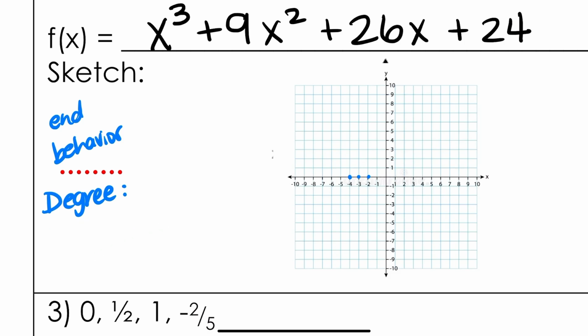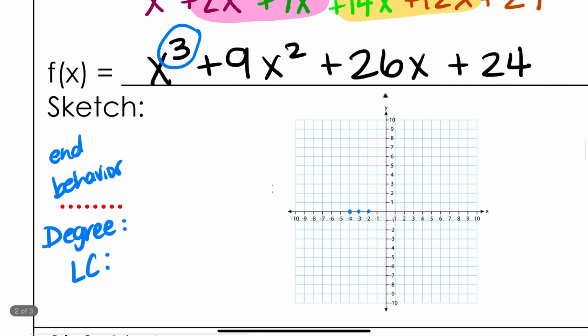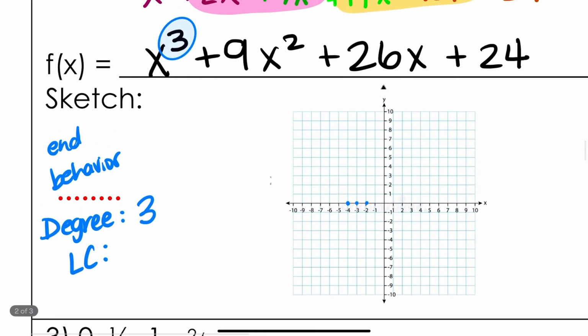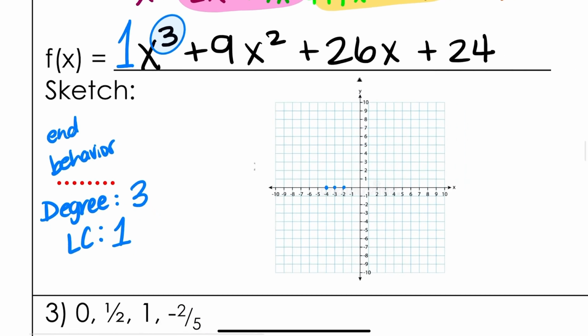Let me just write LC, save time. Okay. So the degree of our polynomial is the highest exponent, so the degree is 3. And the leading coefficient would be the coefficient attached to the highest exponent, so the leading coefficient is 1.